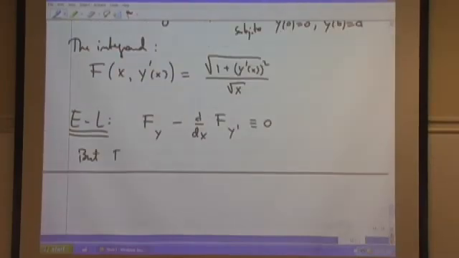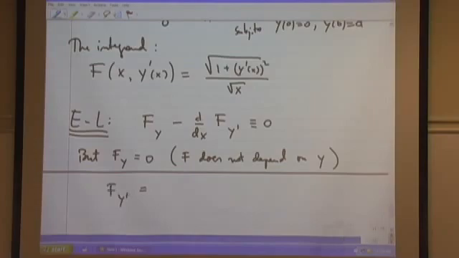Partial with respect to y is 0 because f does not depend on the position explicitly. It only depends on the independent variable x and the derivative of y with respect to x.